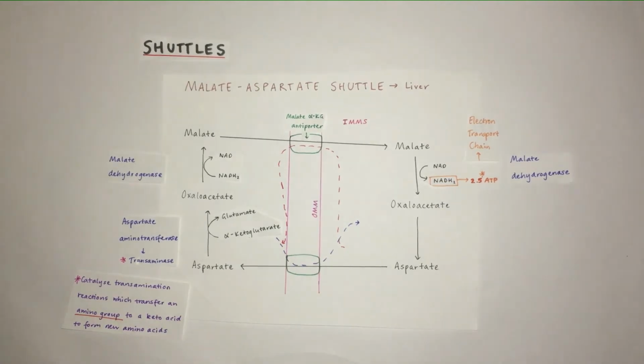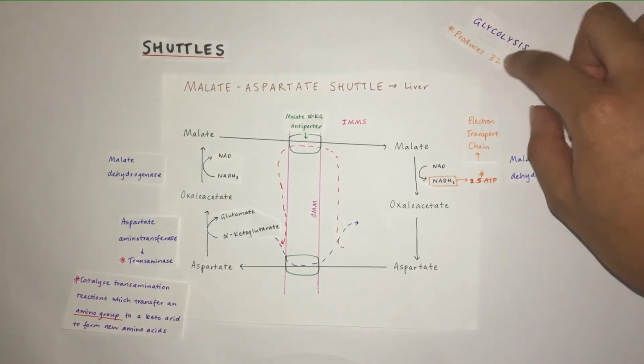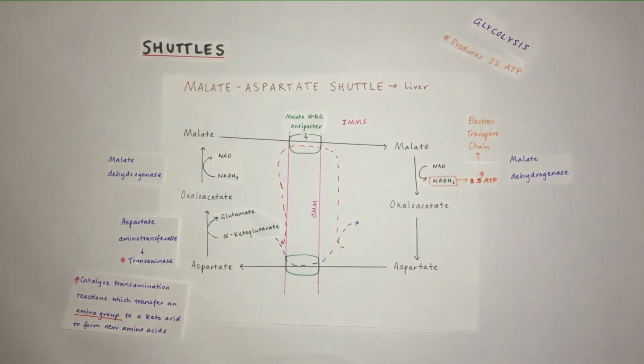So that's what's going on there. And ultimately, glycolysis in this case will produce 32 ATP because we've got 2.5 ATP here as opposed to the 1.5 that we had in the muscle.